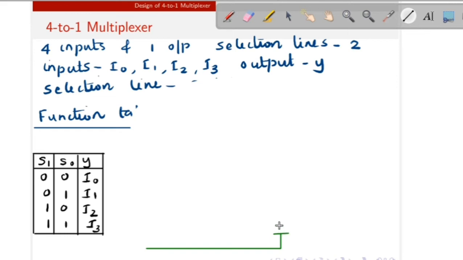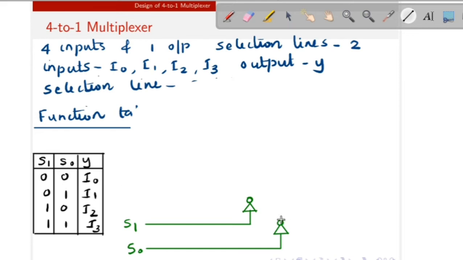Sorry, this is S0. S0 is equal to 0 and S1 also equal to 0. So here we have S1, S0, both are 0.